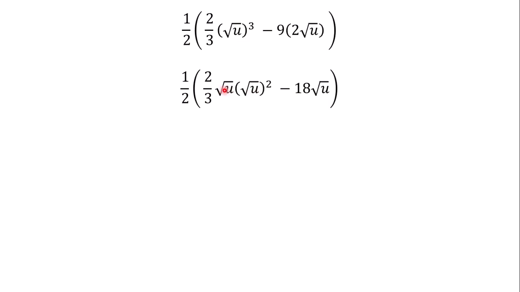When that u is multiplied by this, we get 2 over 3 multiplied by u square root of u. This one is the same thing as this, also the same thing as this, so don't get confused.